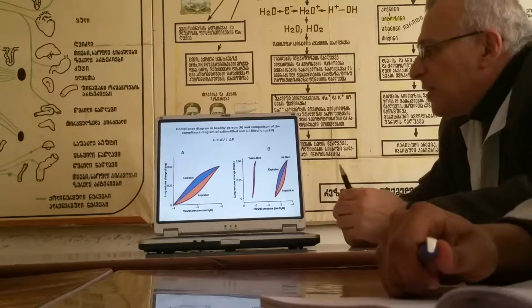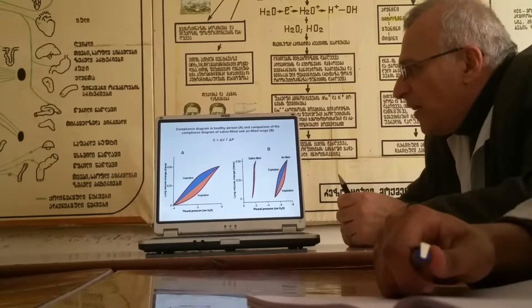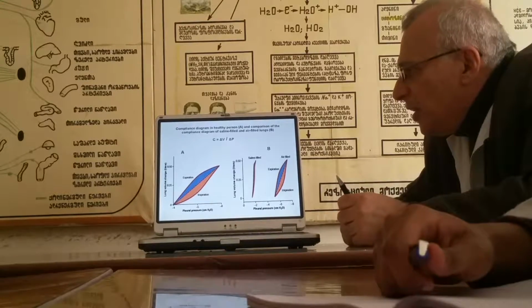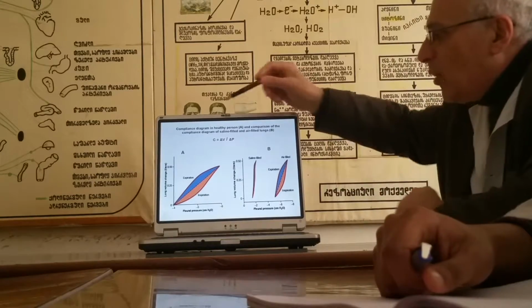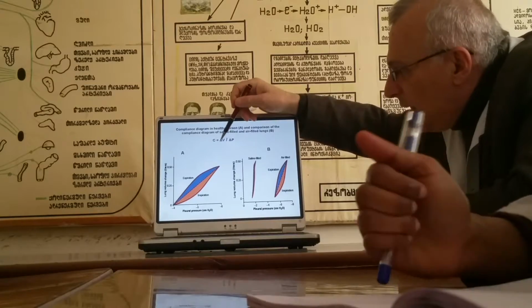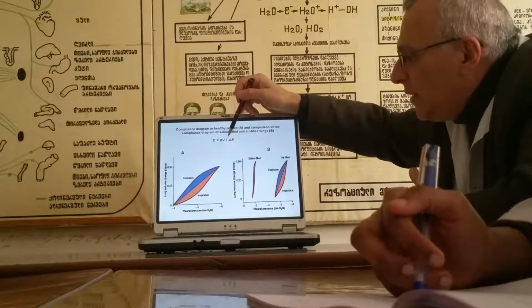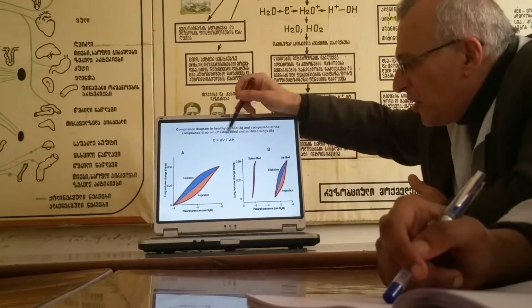Okay, this curve shows compliance. In expiration and inspiration, compliance is equal to the change in lung volume divided by the change in pressure, the pressure gradient.